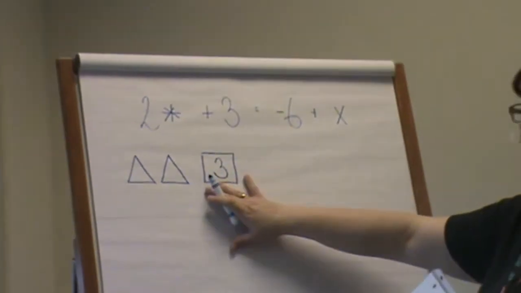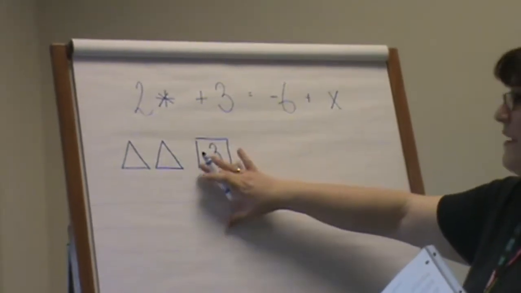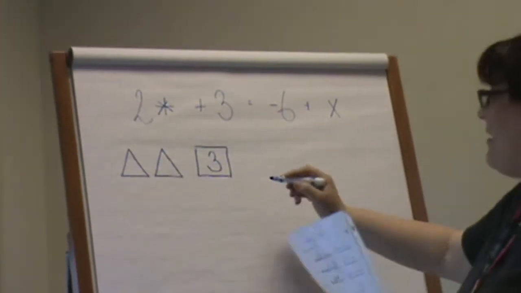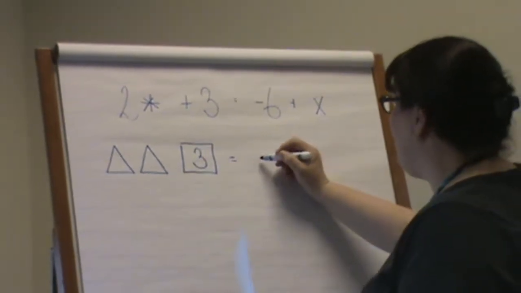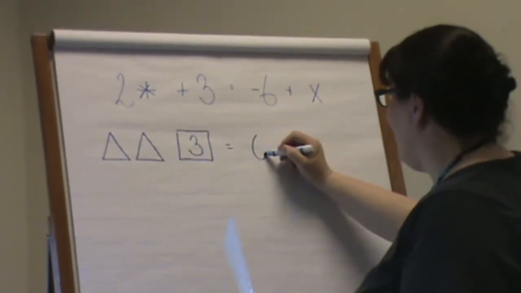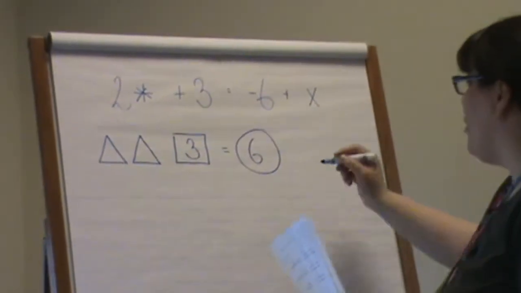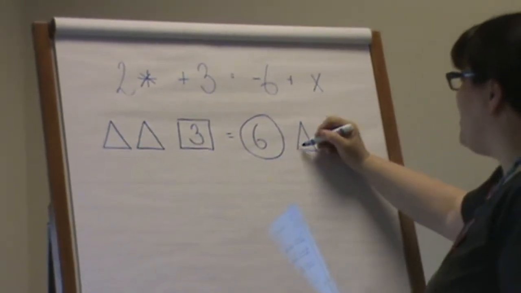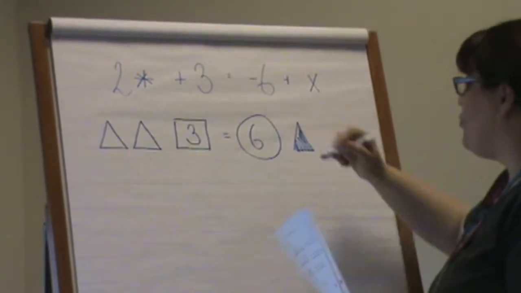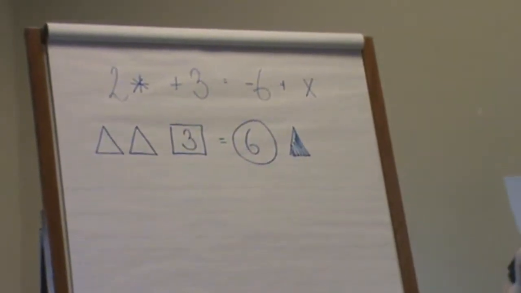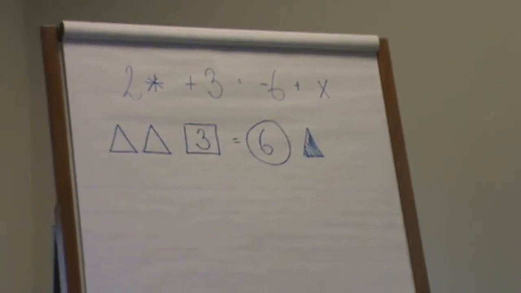Positive 3 is a square. We know it's positive because we put the square around it. It equals -6, which we know is negative because we put a circle around it, plus x, which is the shaded in triangle.